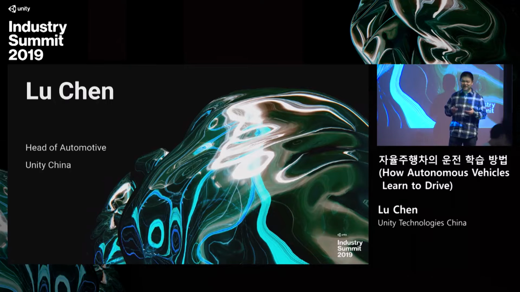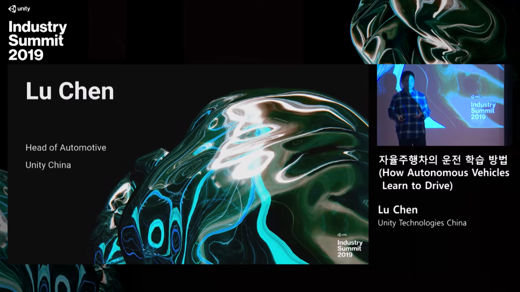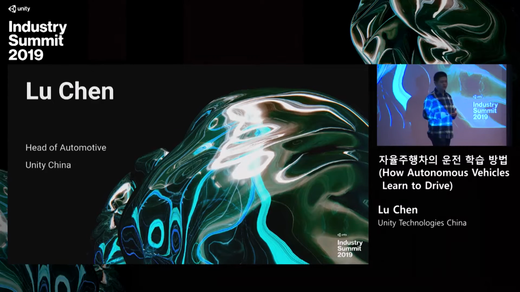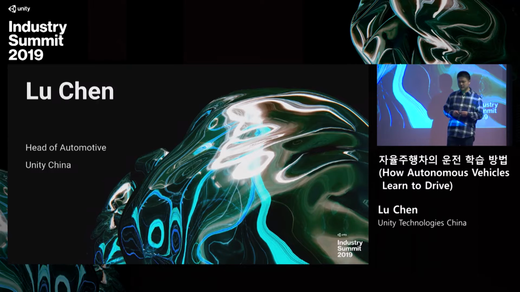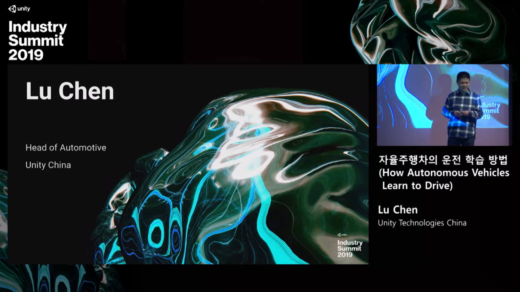But my point is actually personal, based on my background. I am so excited about this topic: using Unity to train the AI, or to train the autonomous vehicle. Why? If you look at all the other presentations today, the content generated from Unity or a graphics engine mainly served humans, right?